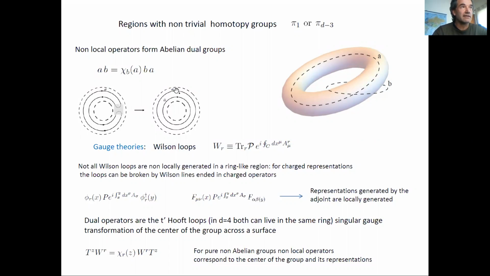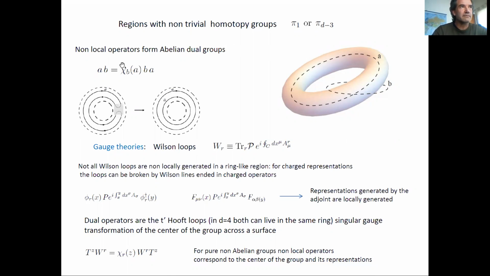And then the product of these two loop operators belongs to the trivial class. But when you have the situation that the tensor product of, let's say, a representation and the conjugate representation gives you the identity, you always have an Abelian structure. It's an Abelian group.